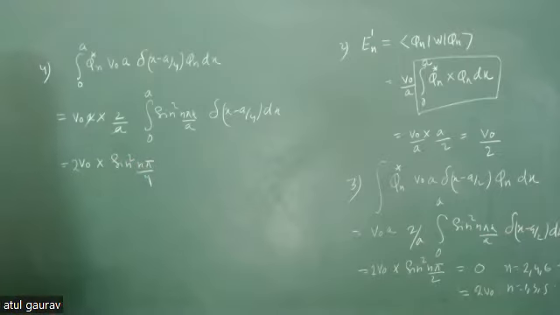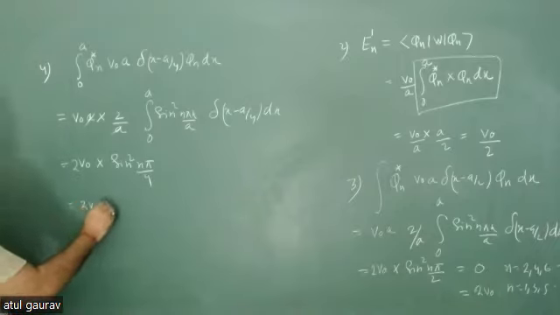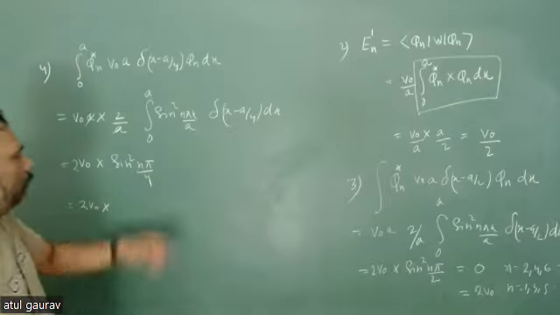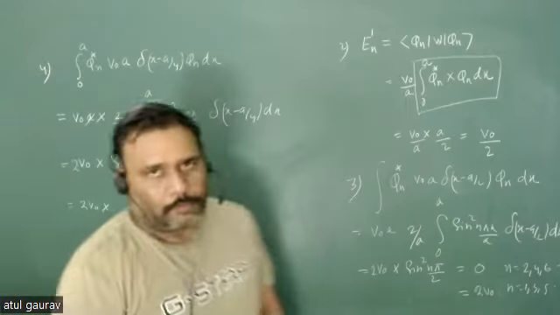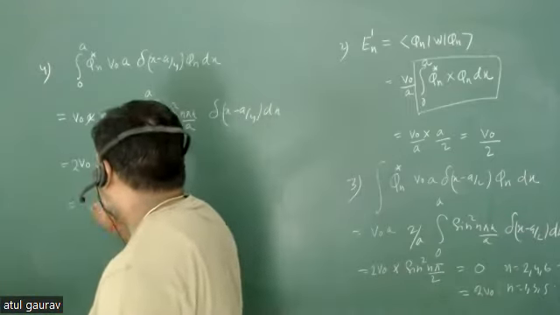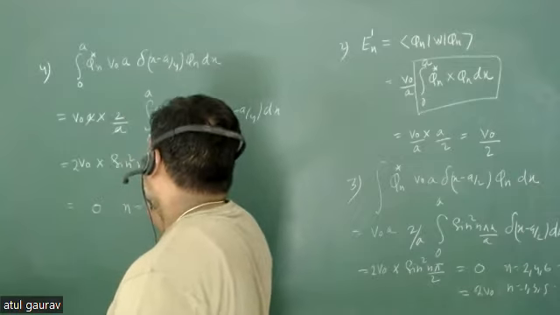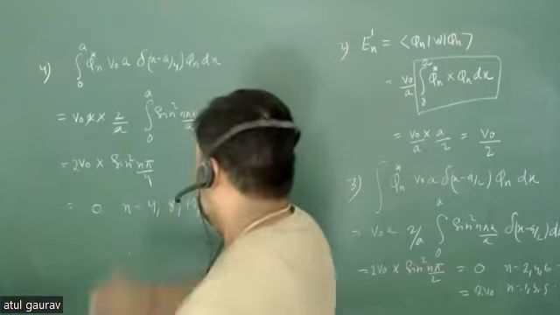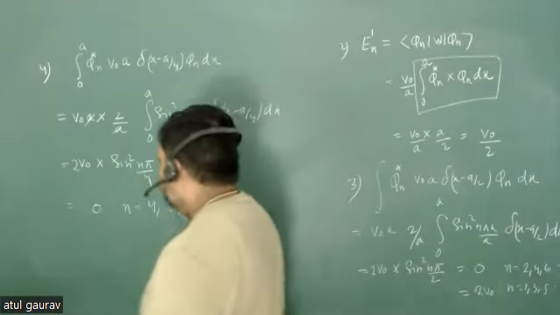So now we will put the value of n. So what will be its value? If n is a multiple of 4, then what is this value? 0. Yes? Yes, sir. This value is equal to 0 when n is equal to 4, 8, 12, and so on. Good.